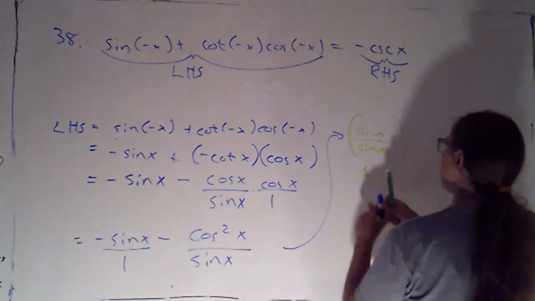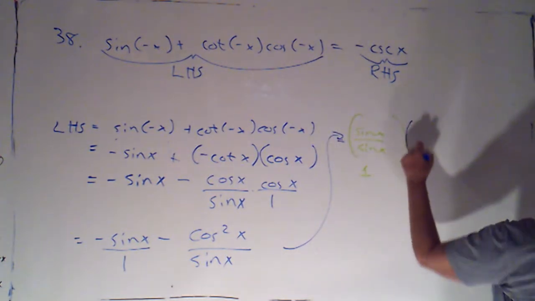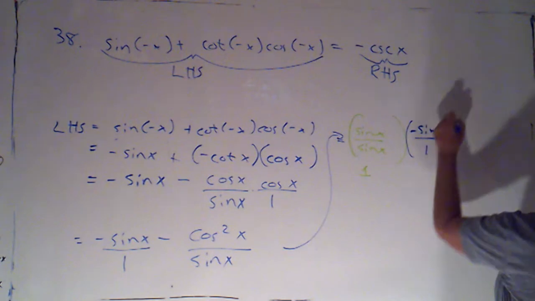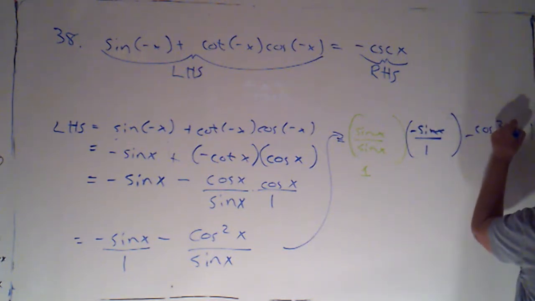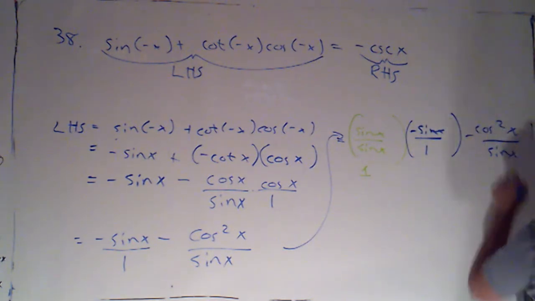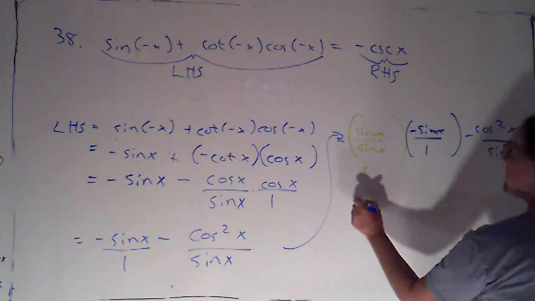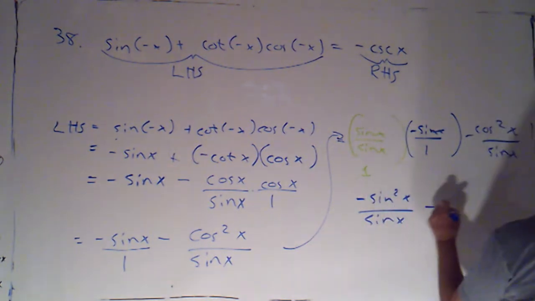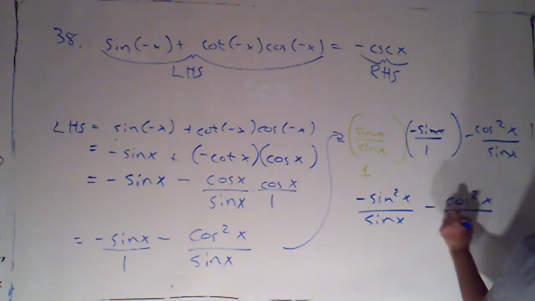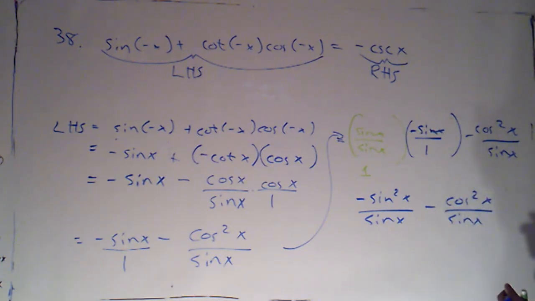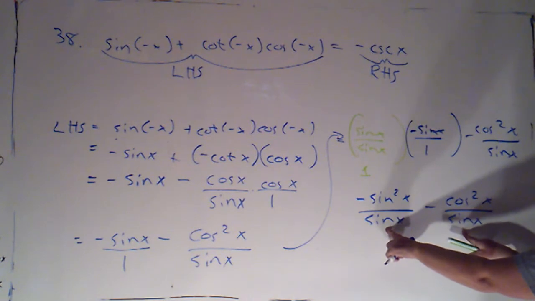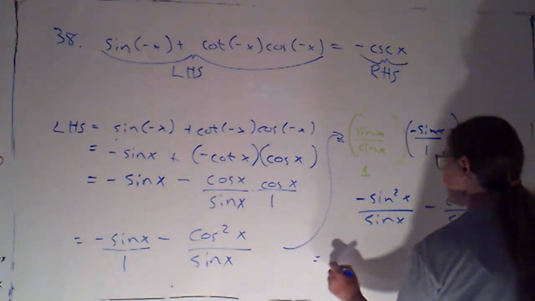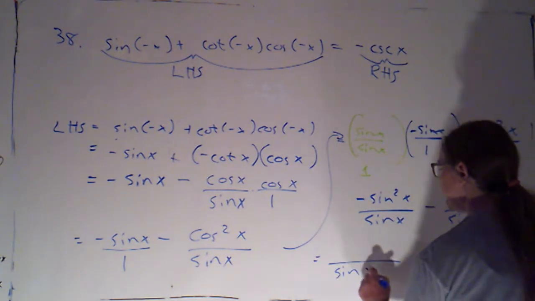So what I have here is equal to 1 copy of negative sine x over 1 minus cosine squared x over sine x. So if I multiply that out, that's negative sine squared x over sine x minus cosine squared x over sine x. Since the denominators are now the same, I can write that as 1 fraction over sine x.